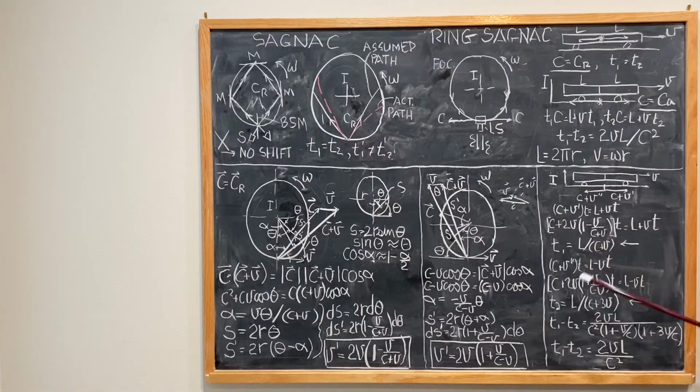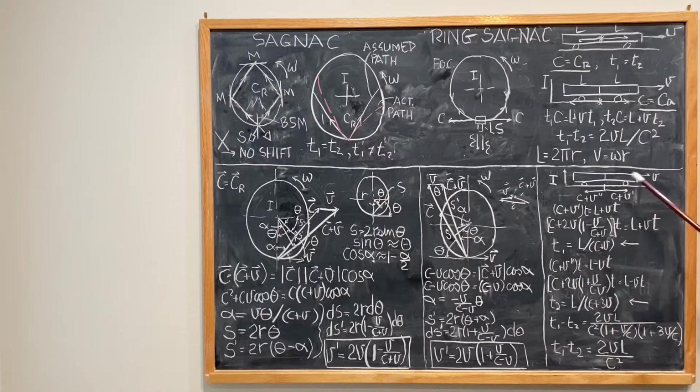If I substitute for v prime in here and solve for t, I get t1 is equal to L over c plus v. At this point, I believe I may have dropped some higher order terms, but you have to go through the algebra to see what you can drop.